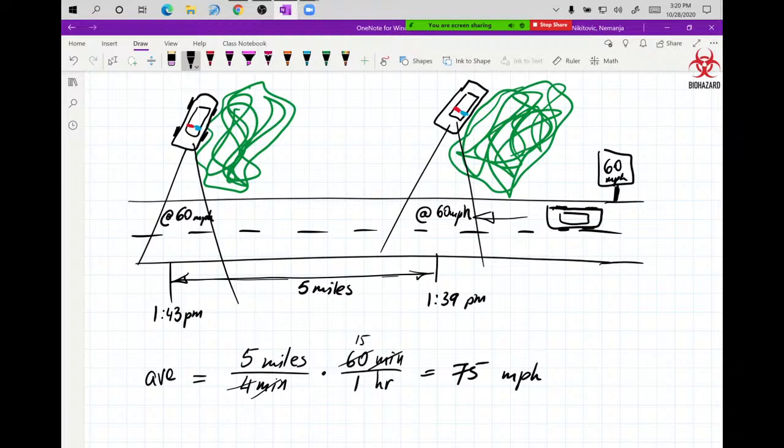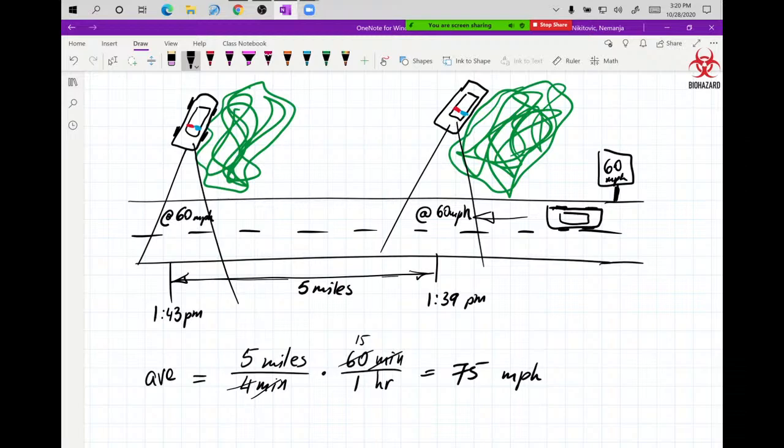So now what we calculated here is that the average speed is 75 miles per hour. Well, what we are learning with this mean value theorem is a theorem which tells us that under certain conditions, at least once, average speed and instantaneous speed are the same.